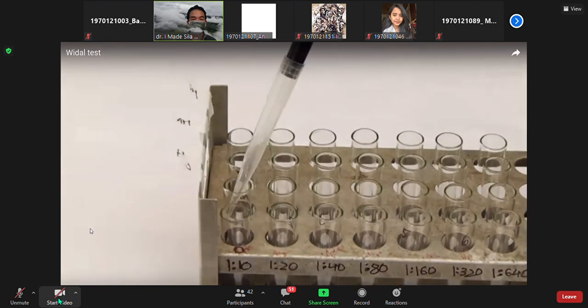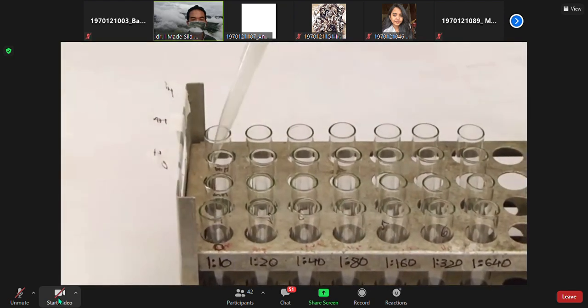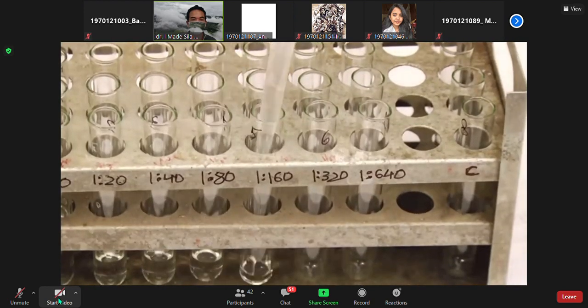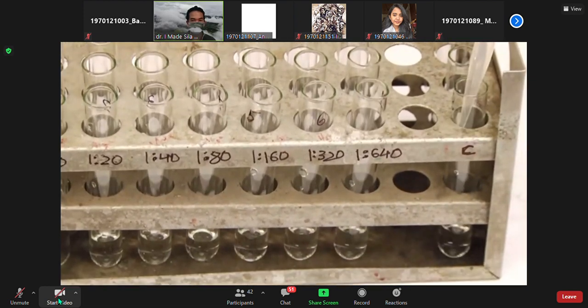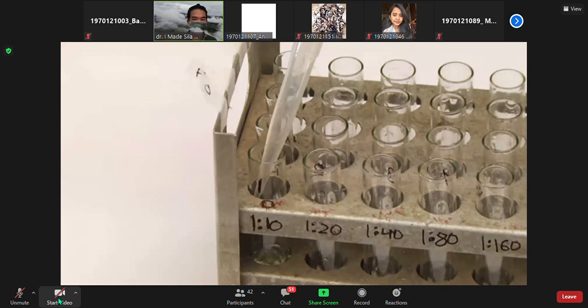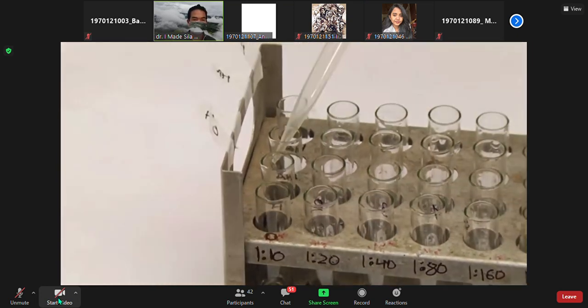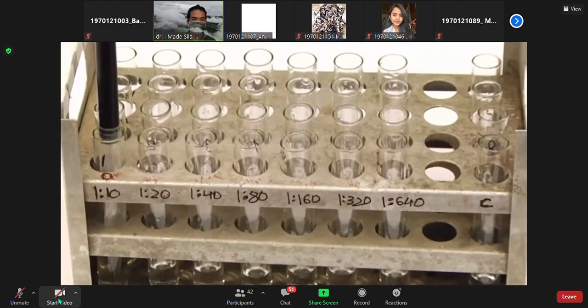Pipette 1.9 milliliters of physiological saline into tube number 1 of all sets. To each of the remaining tubes, that is 2 to 8, add 1 milliliter of physiological saline. To tube number 1 of all sets, add 0.1 milliliters of serum sample to be tested and mix well.